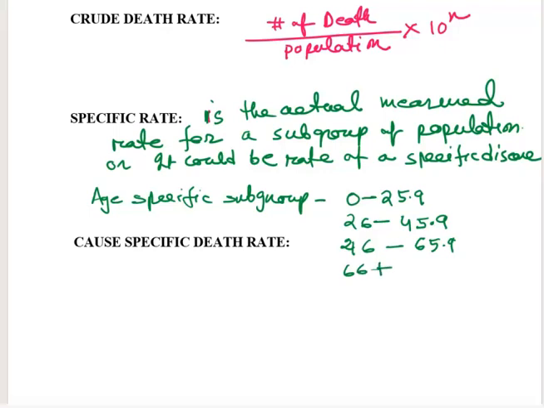This is how we can subdivide the people, okay? Subdivide the group of the population. Or we can subdivide based on a specific cause of disease.